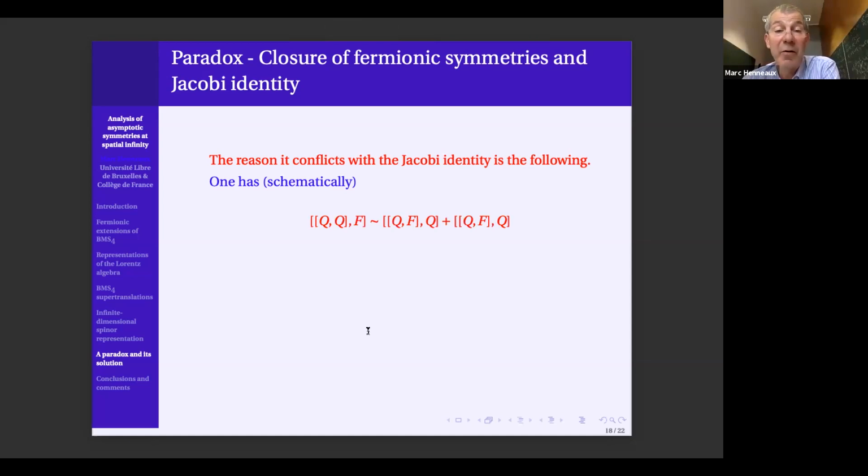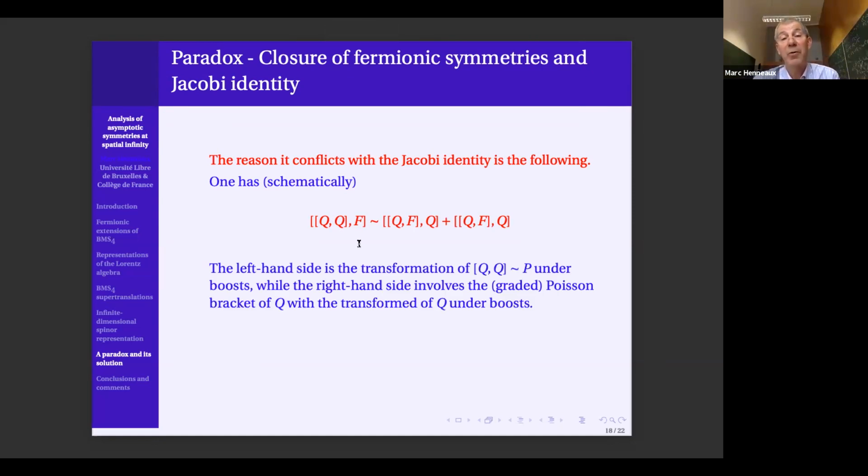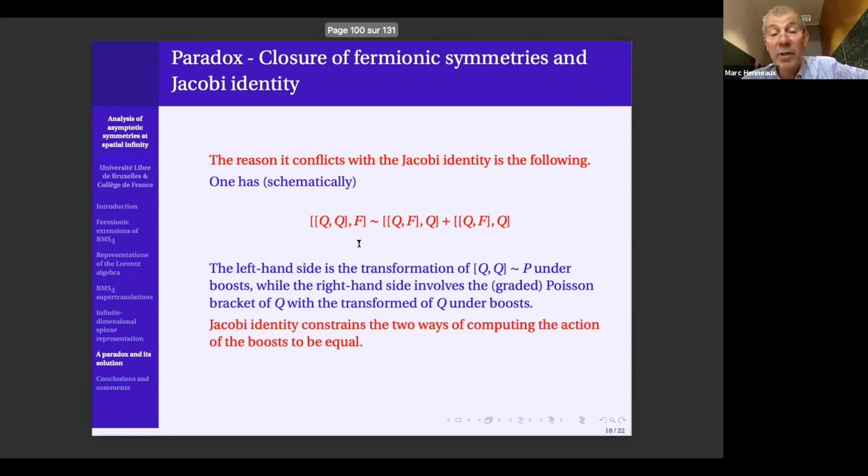And the reason why it conflicts is that we know very well that the Jacobi identity will constrain, with F being the generators of the boost, the Poisson bracket of the supercharges should be an object that transforms in a way compatible with the way each individual element transforms, which is the content of the Jacobi identity when you take 2 Qs and 1 F. And as I said, this is not the case. So where is the problem?